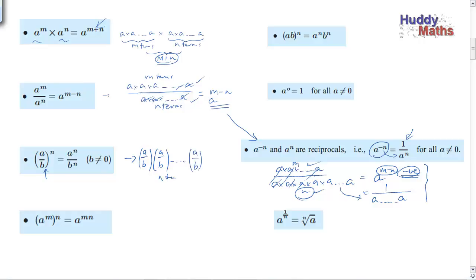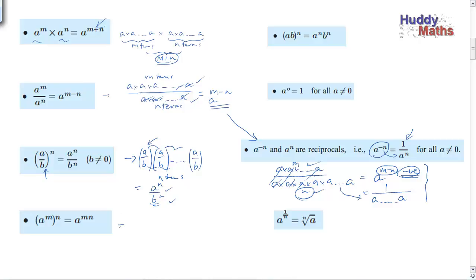So if we actually multiply all these fractions together, it's just the multiplication of fractions rule: a by a by a, there'd be n of them, and b by b by b, there'd be n of them. So in other words, you can multiply a over b by itself, so you've got n terms, or you can just do all the a's over all the b's.